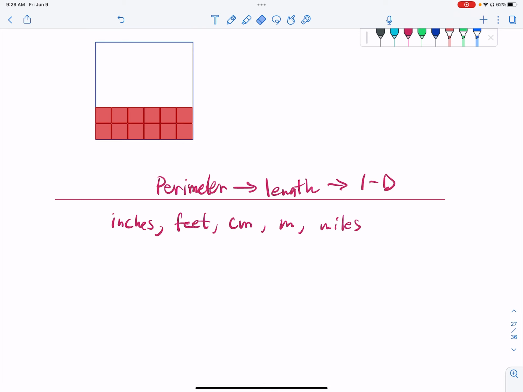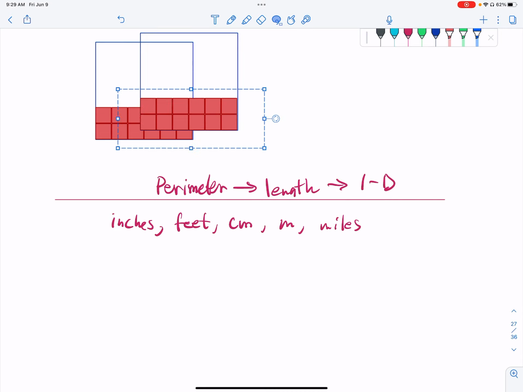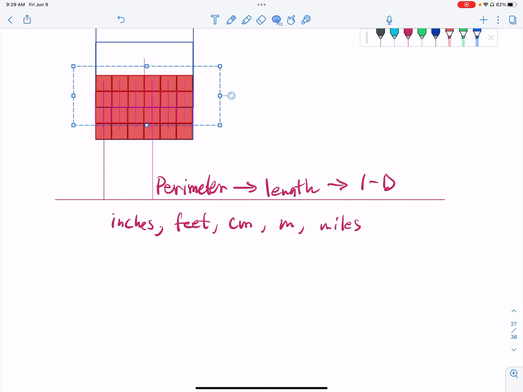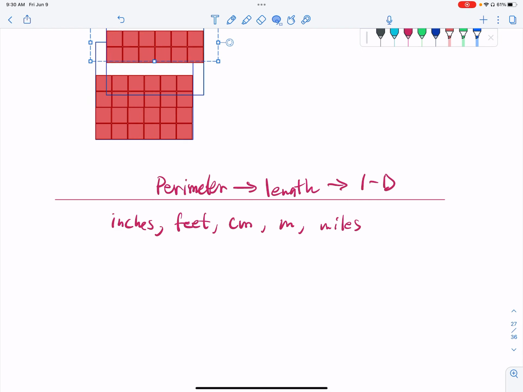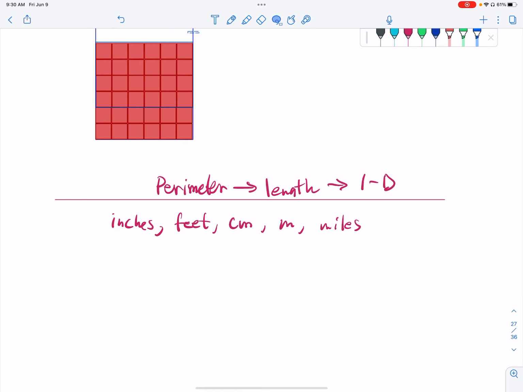And so now we have 2 of those. Do that again. And now I've got 4 of those. And then it looks like it's going to need 2 more, right? So I'll just duplicate just 2 of those. And delete. So if I wanted to find the area, it's basically how many squares.